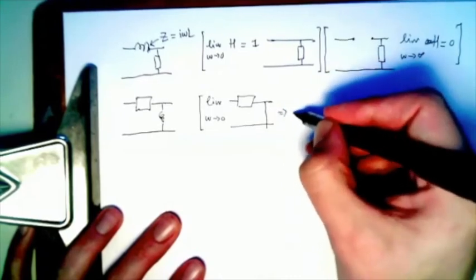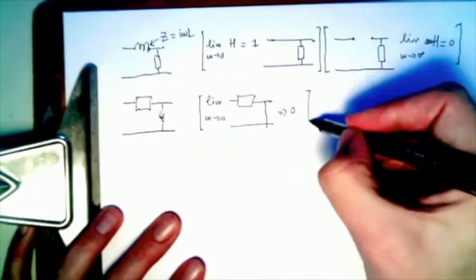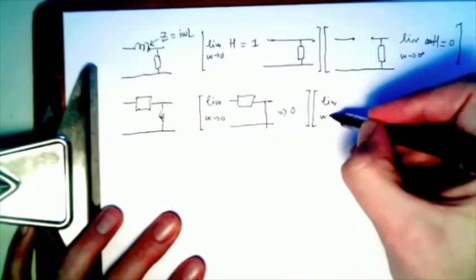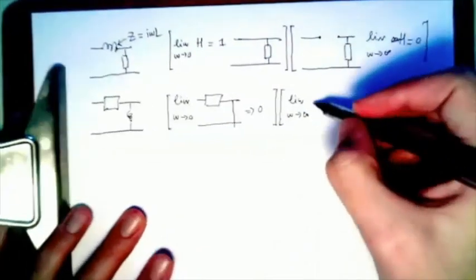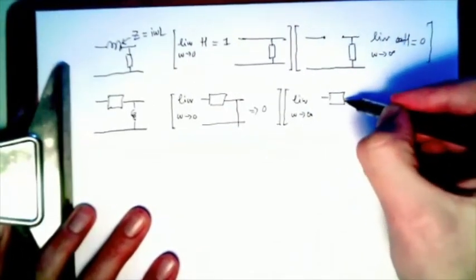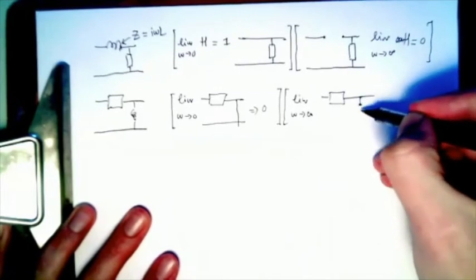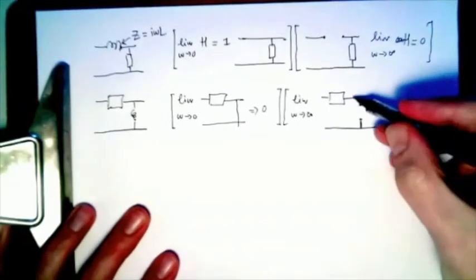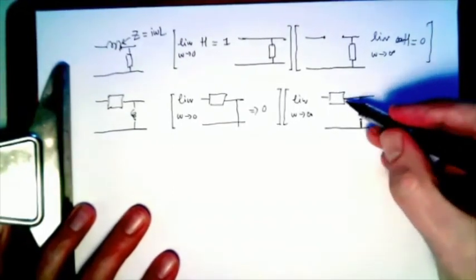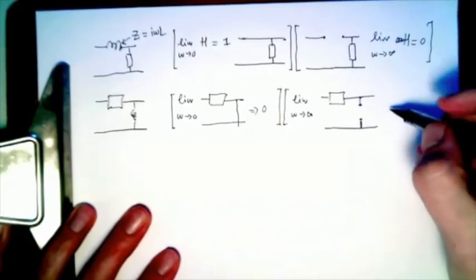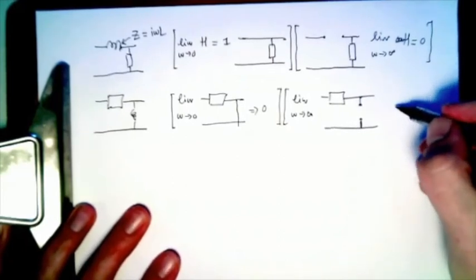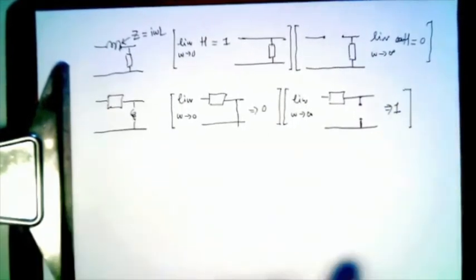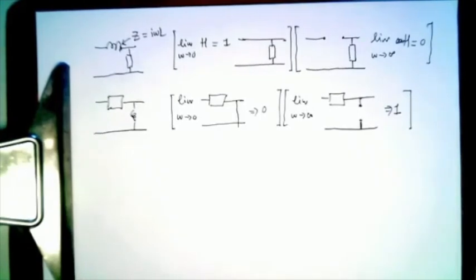So therefore, it is 0. And now the high frequency, go like this. And now in the high frequency limit, this thing is an open circuit. So therefore, nothing goes through here. So all the current that goes through here goes through here. And that, of course, kind of violates our assumption that we're not going to deliver any current, but let's be quiet about that and not tell anybody. So therefore, this is a high pass.